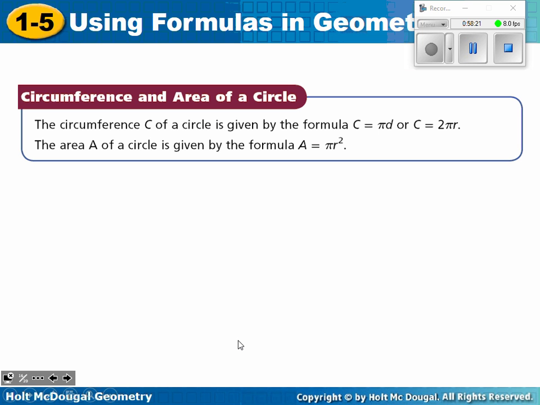What is pi approximately? 3.14. We will not do that unless we have a multiple choice question that says use 3.14 and then they've given you choices. If they do that, you want to use 3.14 so your choices match.